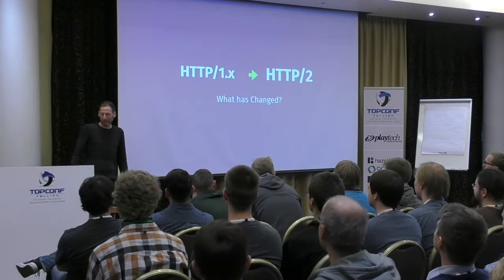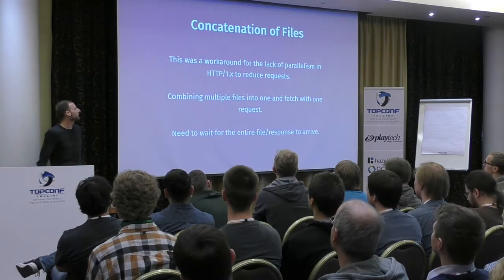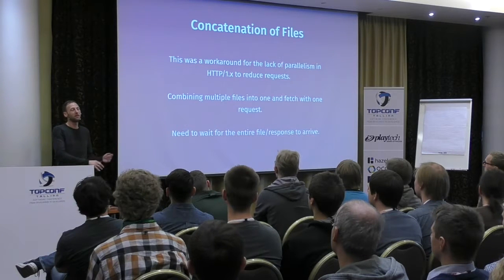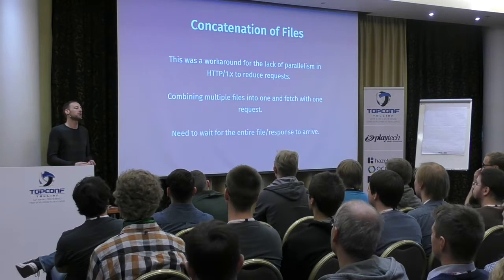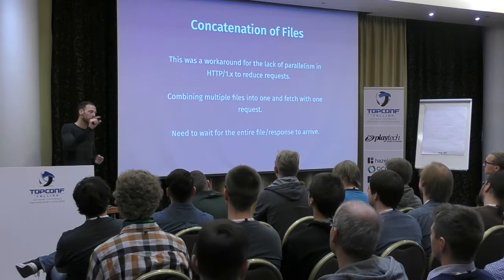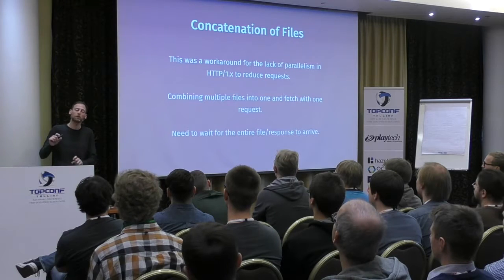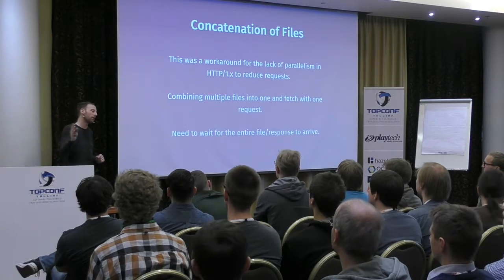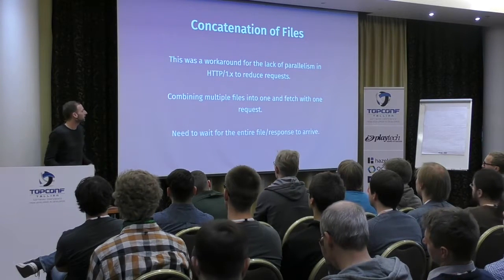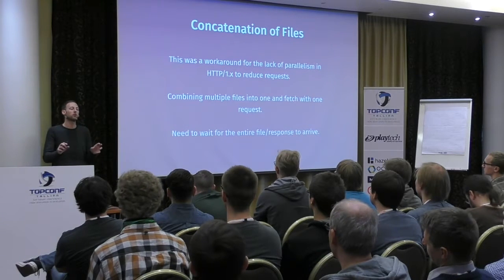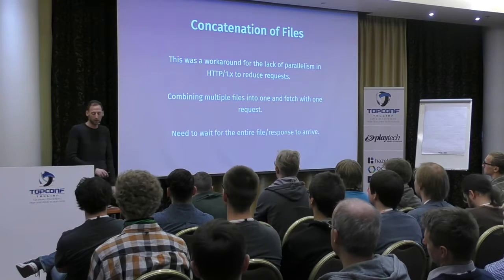All right, what has changed? Concatenation of files. As I said before, this was good practice. In HTTP 2, you don't have to do that anymore because you can get all your CSS files and JavaScript files and break them up into small modules because you can load them all at the same time. And this allows you to get very granular control over what you're actually loading, very modular.